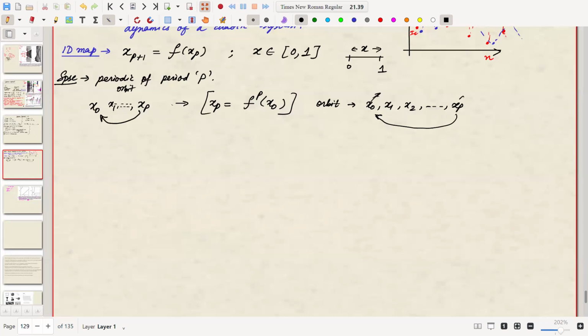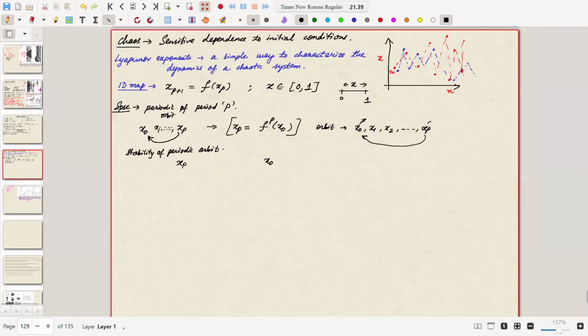So I want to understand the stability of this periodic orbit. So what shall we do? xp is a periodic point. Agreed? xp is a periodic point. x naught is also a periodic point.